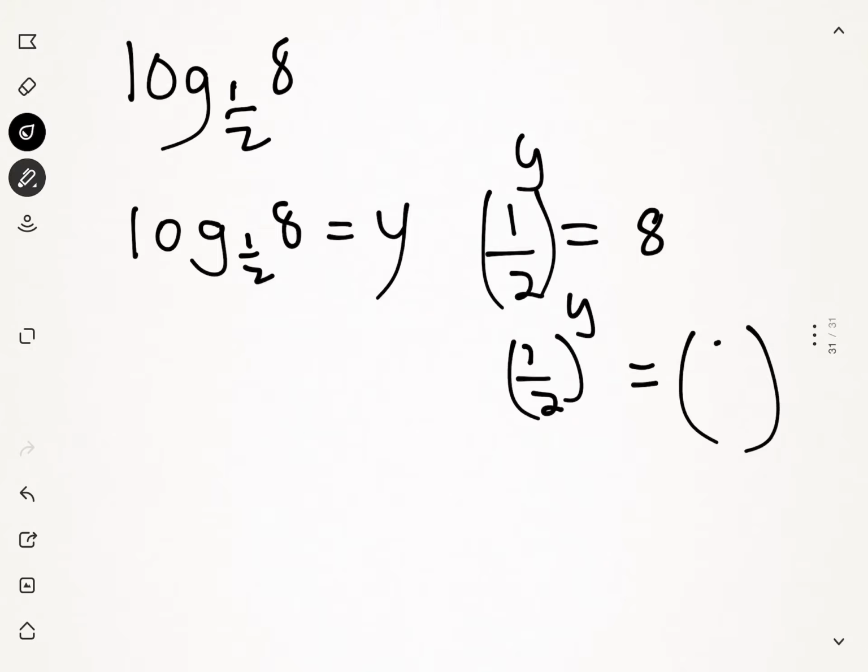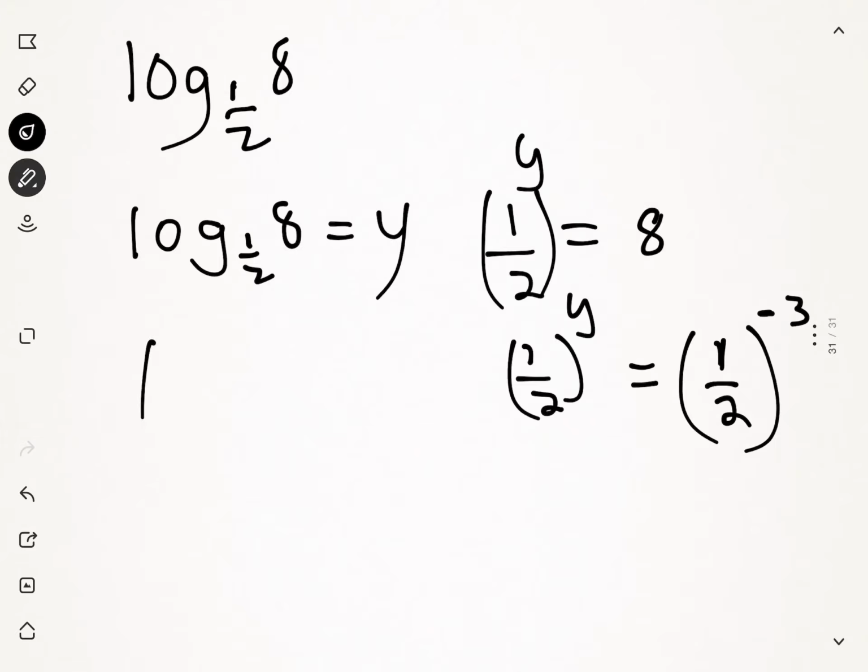So I have 1/2 here. And remember, I want to get 8. So I'm going to write -3 here. So I write the same thing in both parens and try to figure out how I can get 8.